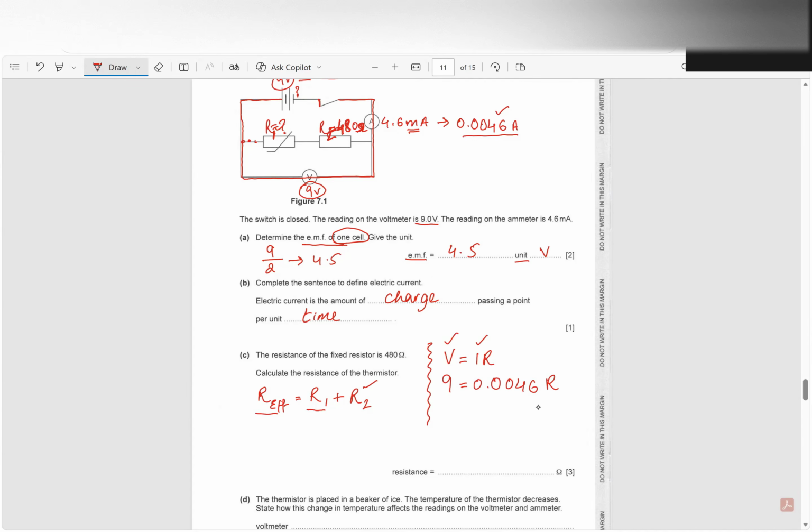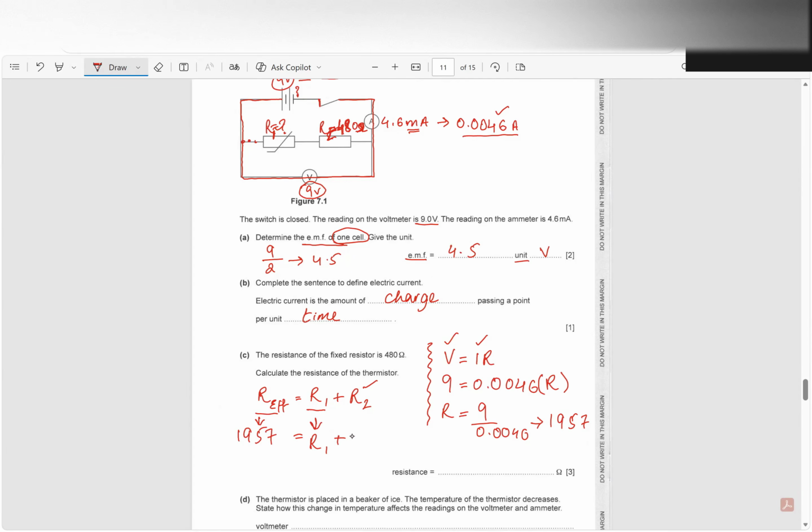We do not have the total resistance, and we can make it the subject and divide 9 by 0.0046. What is going to be the answer? The answer of total resistance is going to be 1957 ohms. So we have 1957 as the total resistance value. We do not have this thermistor's resistance, so we're simply going to write it R1.